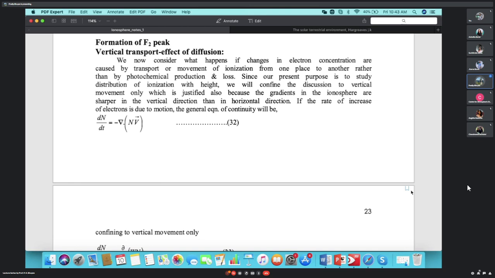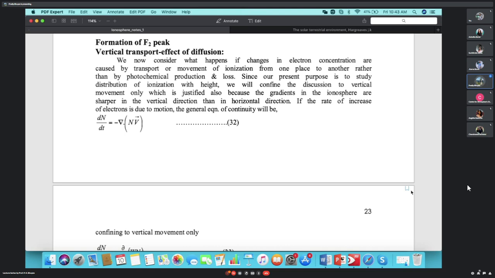For the continuity equation, we are not bringing in the momentum and energy balance equations. We are looking at the continuity equation only. So in the continuity equation, the third term, the transport, is due to diffusion. We will consider that the movement of ionization is due to diffusion or vertical movement.